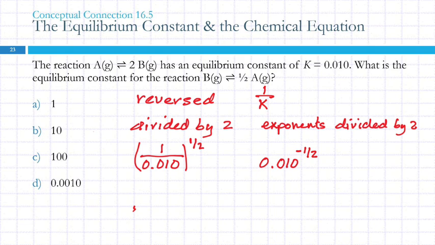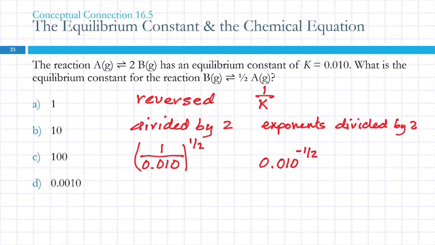When you raise something to the 1/2 power, that's the same as taking the square root. So this is 1 over the square root of 0.01. When we go 1 over 0.01, the value gets bigger, right? And then the square root makes it smaller. So without using a calculator, what would we guess?